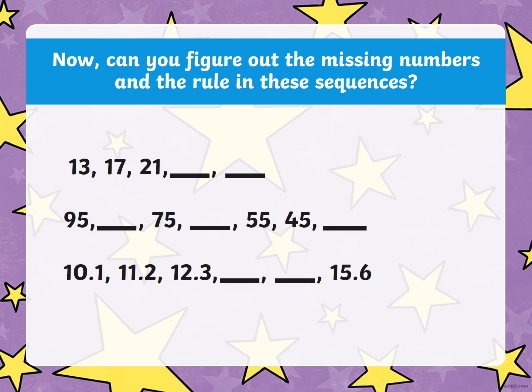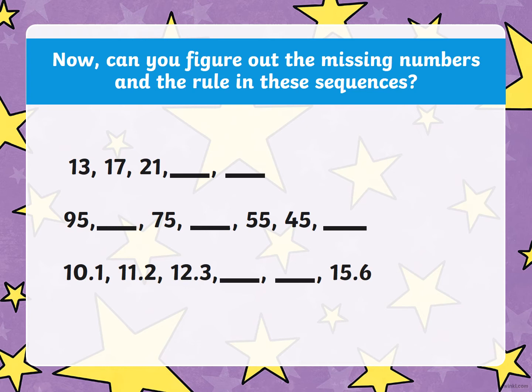Now, can you figure out the missing numbers and the rule in these sequences? So there's 13, 17, 21. The numbers are getting bigger, aren't they, as we move from the left to the right? They are increasing, they are getting greater. So remember we said that the first thing we would do, we would work out what do we add to get from 13 to 17?